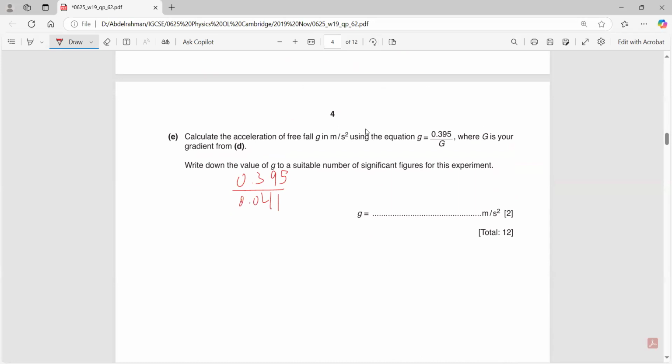If you use your calculator to find g, it would be around 9.63, which is acceptable, yes, because we know that the acceleration is 9.8, which is correct.